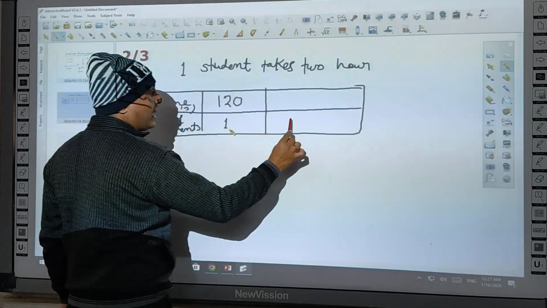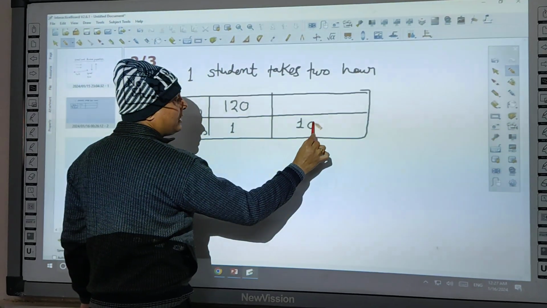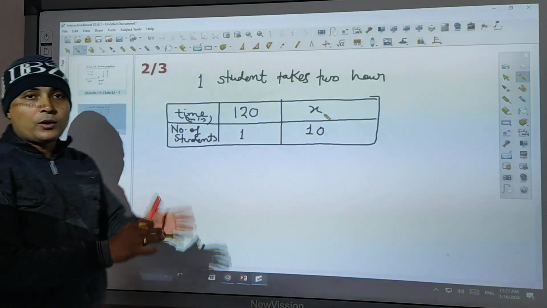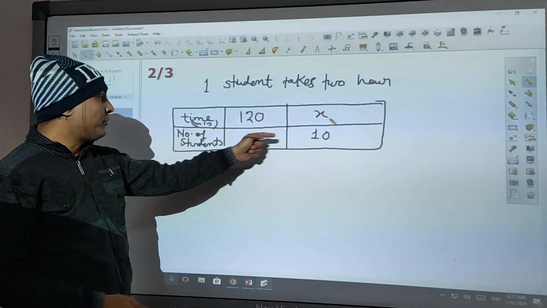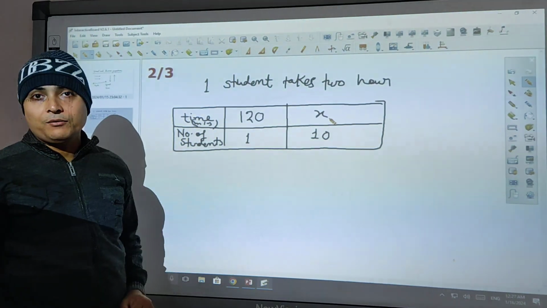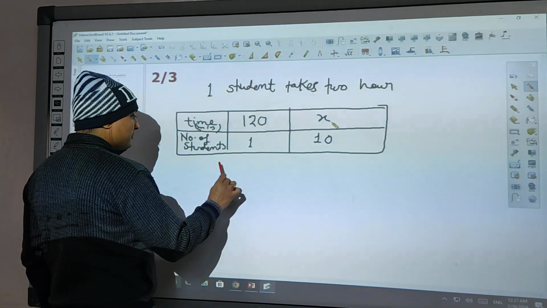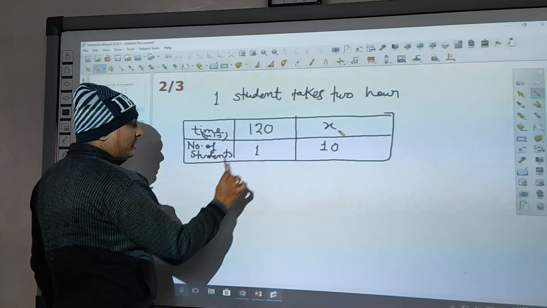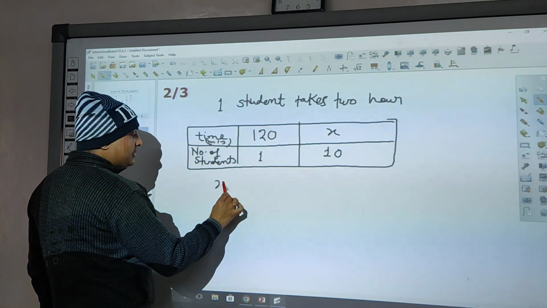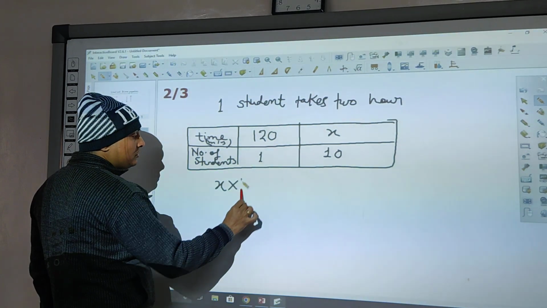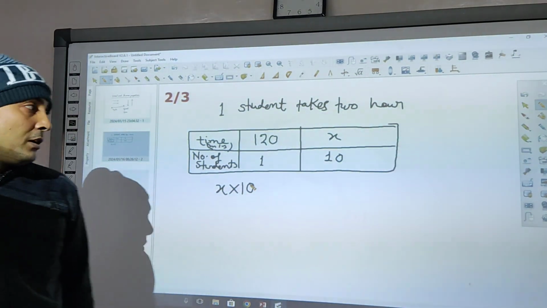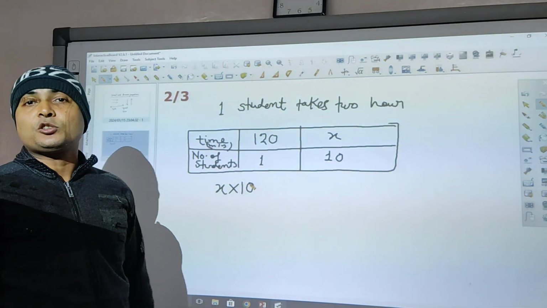Now there are 10 students, so let the time taken by them be x. We all know they are inversely proportional. If the number of students increases, then surely time will decrease. So here we can say x into 10, because in inverse proportion the product of the quantities remains constant.